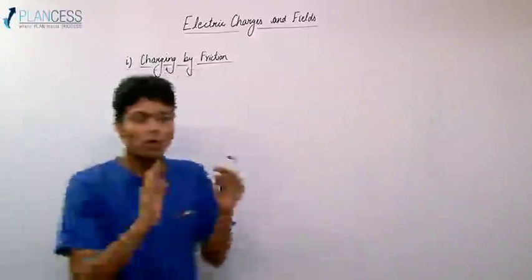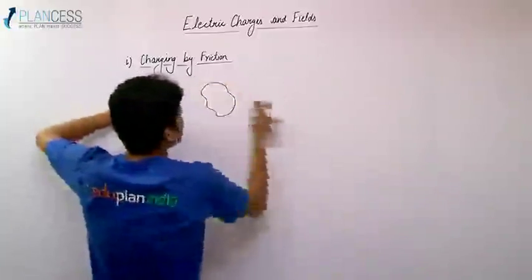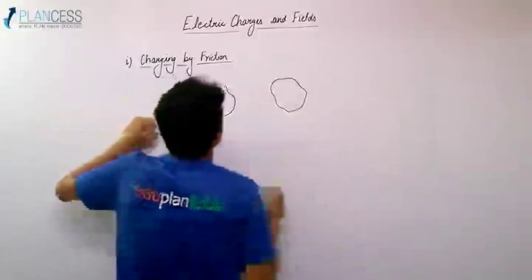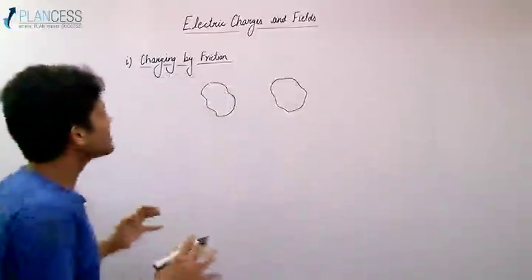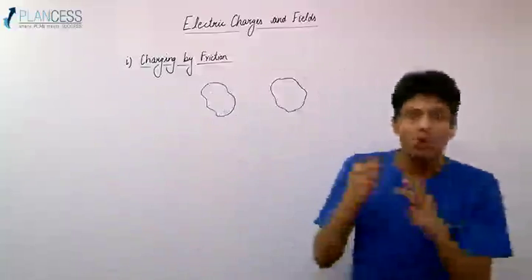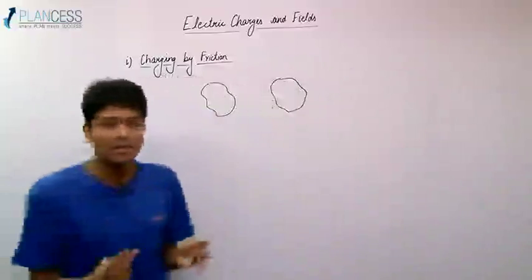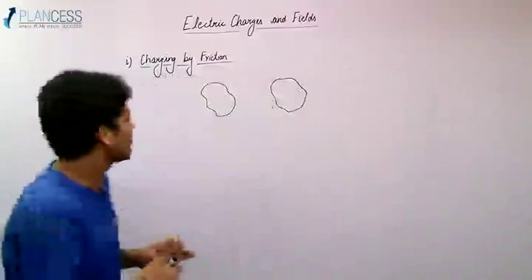So let's say this is a mass and this is another mass. Now, if you rub these two masses, sometimes you may have seen that if you rub two rocks, there may be lightning coming out of it.